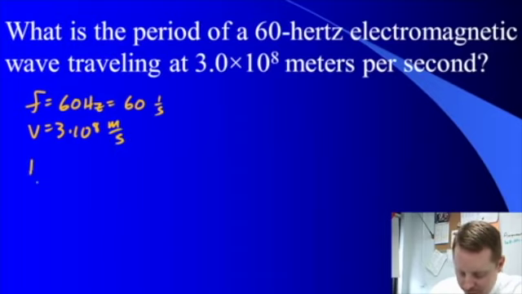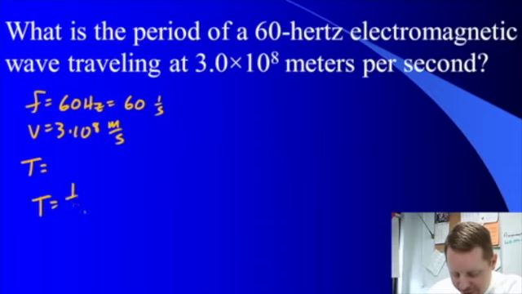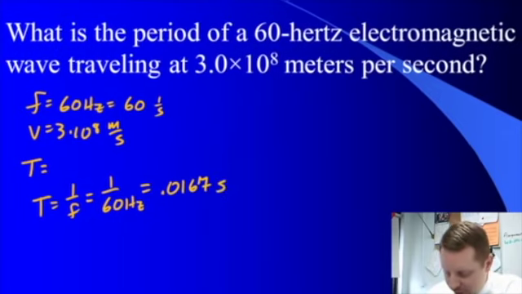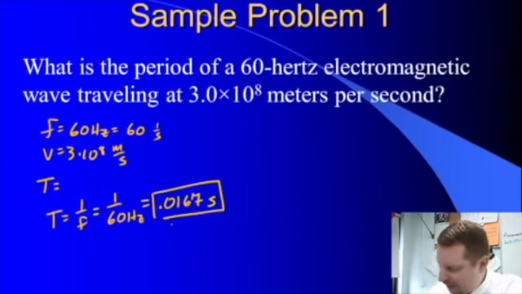We want to know what its period is. Well, to get period, if we have frequency, that's just 1 over the frequency, or 1 over 60 hertz, or 1 over 60 1 over seconds, which is equal to 0.0167. And if you have 1 over seconds, that's 0.0167 seconds.